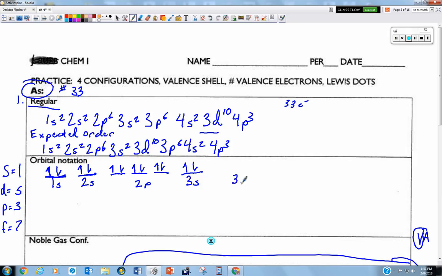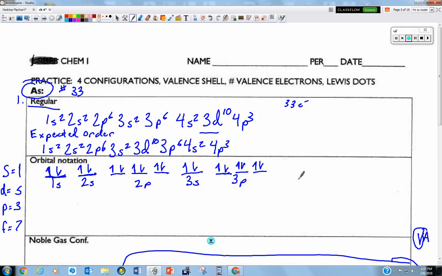Then we have 3p. 1, 2, 3. It's going up, going up, going up, down, down, down. And that accounts for my 6 electrons.